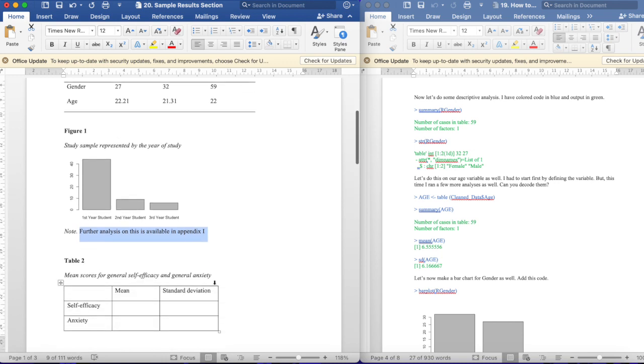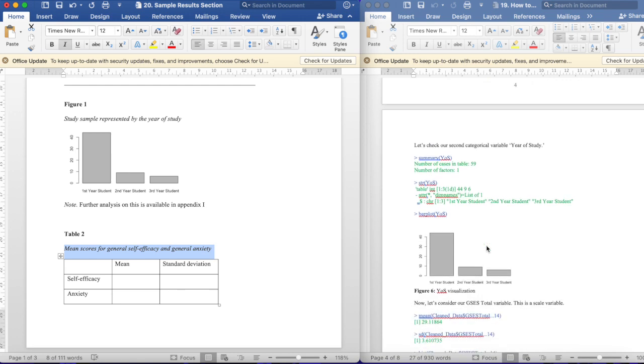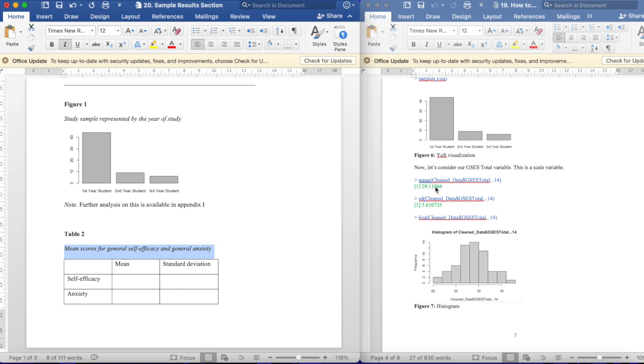Okay, now here I have another table, my Table 2, mean scores for general self-efficacy and general anxiety. Now let's find out those mean values here on the right. Okay, so general self-efficacy, we have a mean of 29.11864 with a standard deviation of 3.6100735.